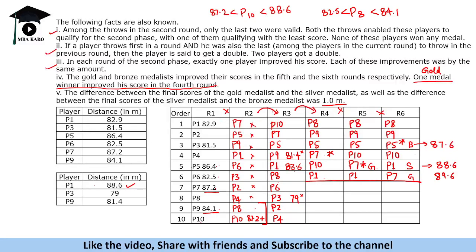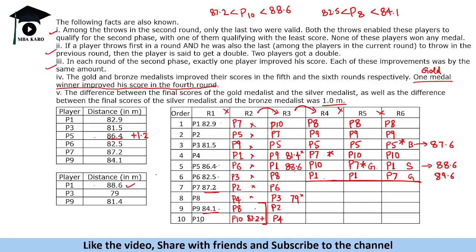And each of these improvements was by the same difference. So if you see, P5 was already 86.4 and had become 87.6. So he improved his score by 1.2, isn't it?